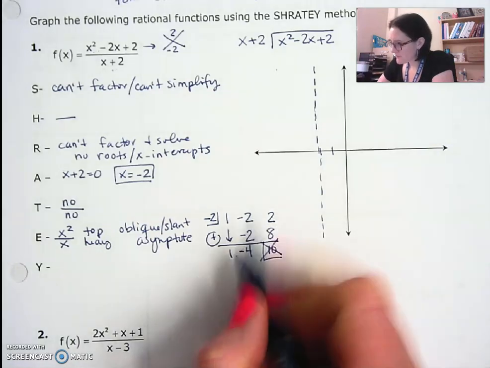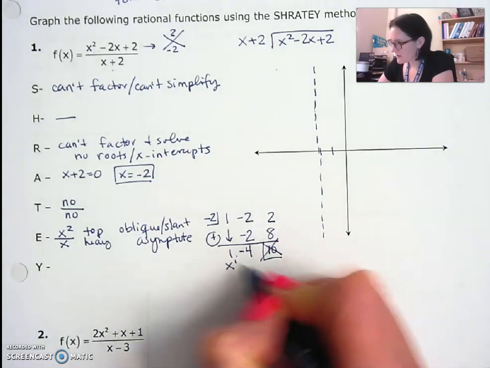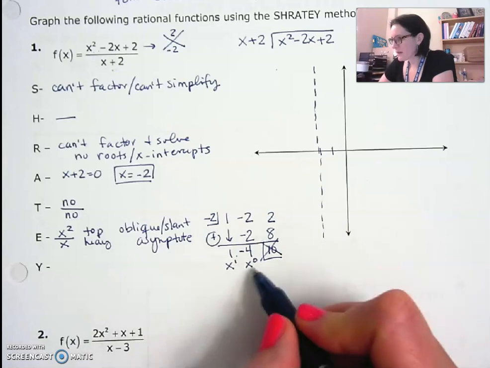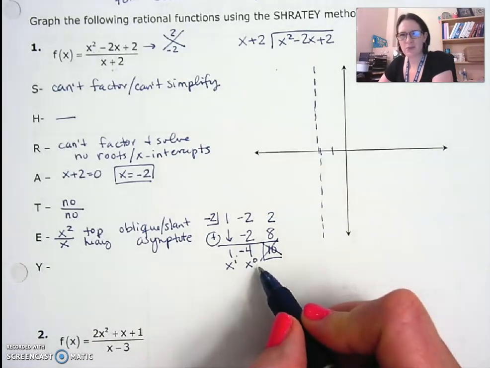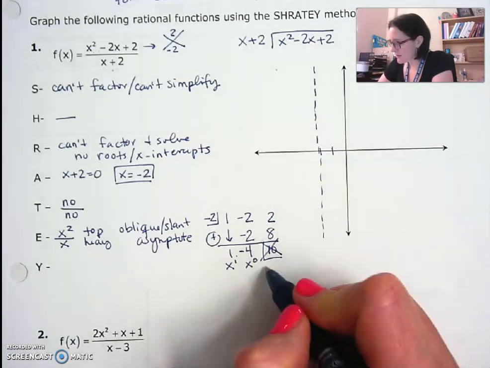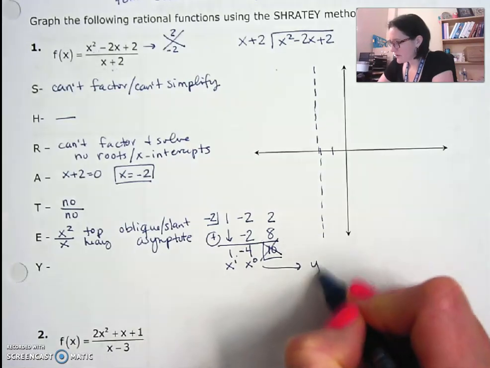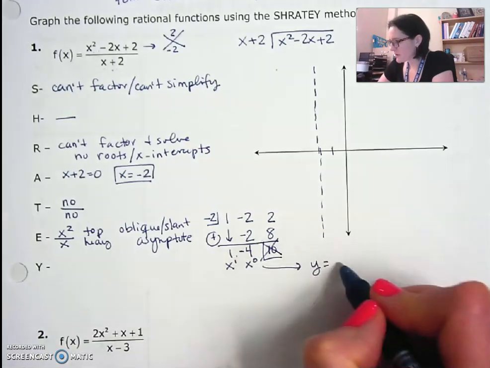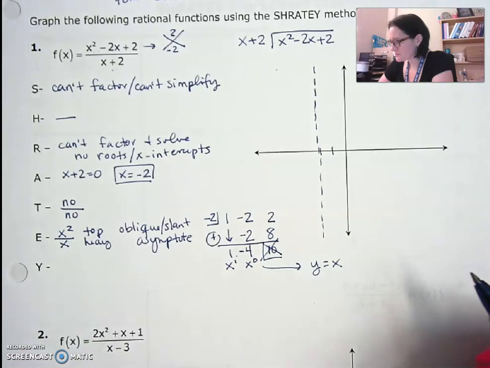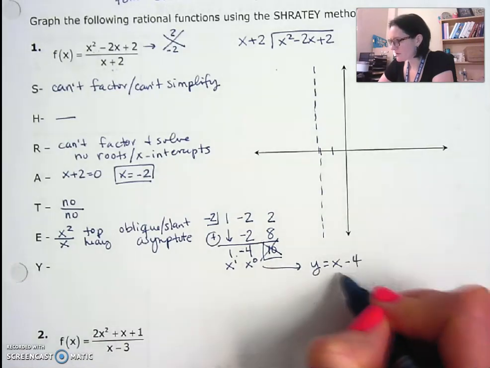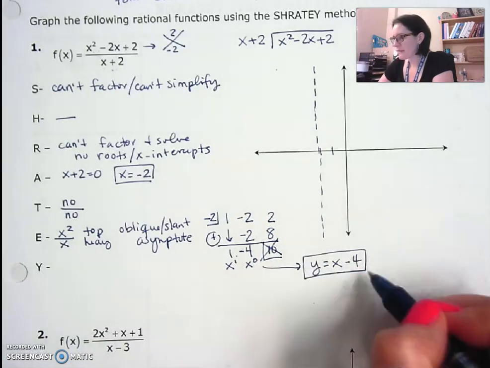So this is x to the 1, and then x to the 0. Remember, x to the 0 is just 1, so we don't need to keep that. So here's my final answer. Y equals 1x to the 1, or just x, and then -4. So that's my slant or oblique asymptote.